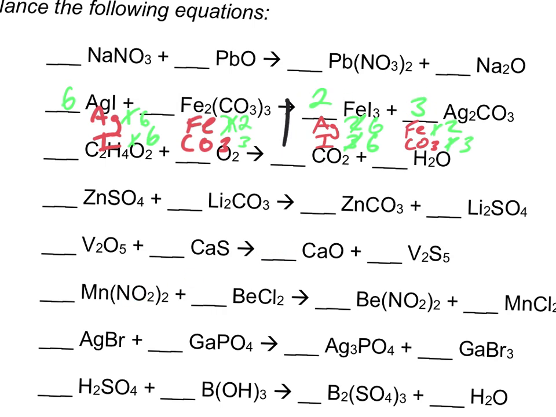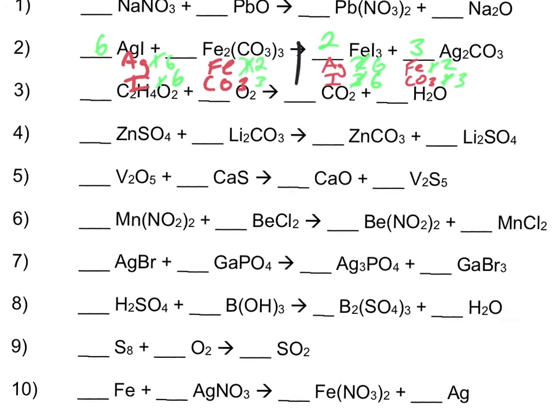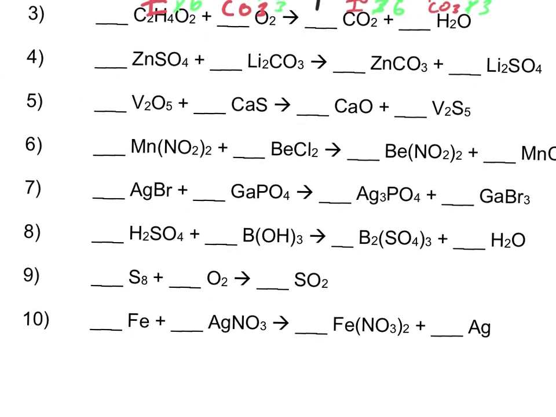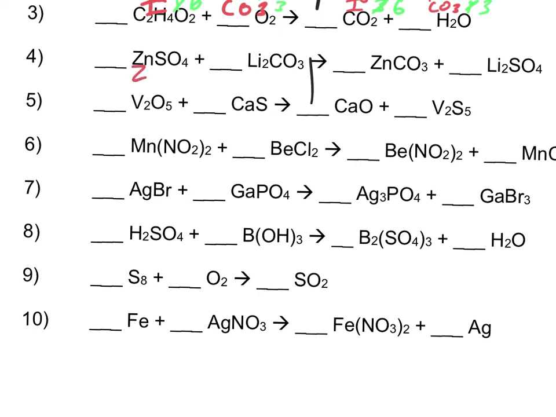Okay, let me do another even. So I'll do number 4. And I'm going to go through it fast again. I have zinc, sulfate, which is the SO4, lithium, and carbonate. And the way that you're going to recognize these is you're going to have a cation and an anion. These are going to be the metals here. Notice these are all ionic.